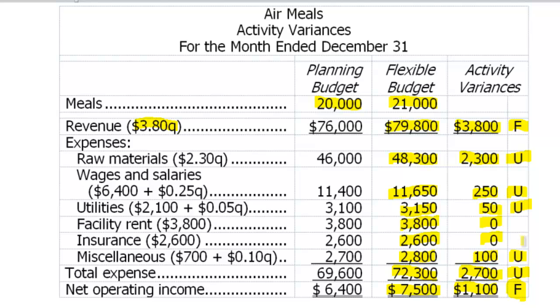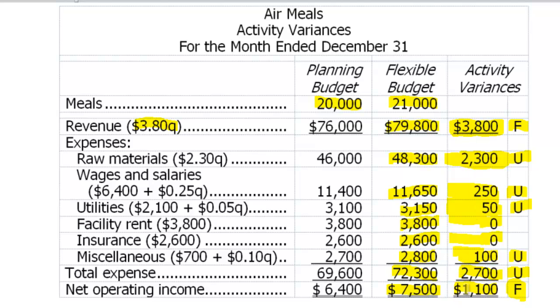We would expect all of our expenses to be higher. Why? Because we have a higher activity level. That doesn't mean that it's good or it's bad. It just means that your expenses are higher because you have a higher activity level. We would expect our revenues to be higher at a higher activity level. Doesn't mean it's good or bad, it just means you have more revenues.